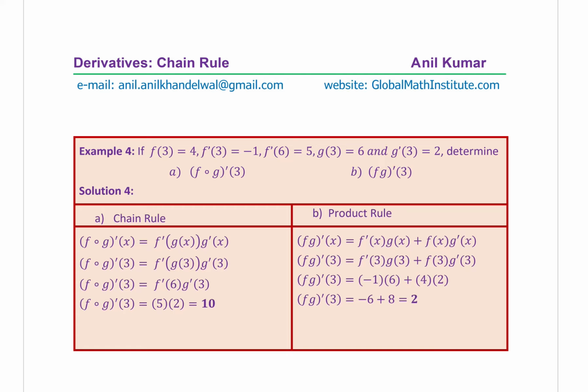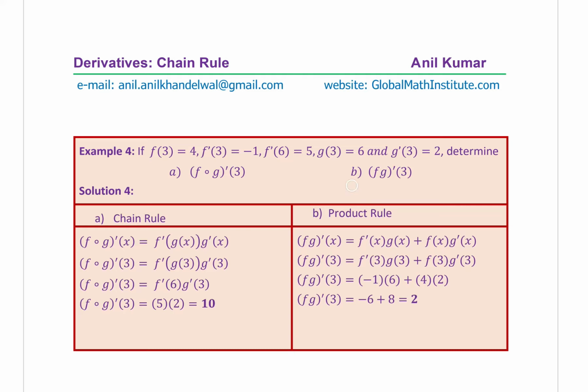If f of 3 equals 4, the derivative of f at 3 is minus 1, the derivative of f at 6 is 5, g of 3 is 6, and g prime of 3 is equal to 2. Determine, there are two parts to it, the derivative of f of g at x equals 3, and the derivative of f times g at x equals 3. You can pause the video, answer this question, and then look into my suggestions.